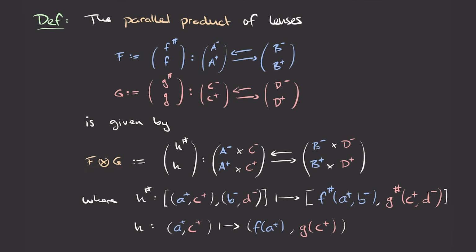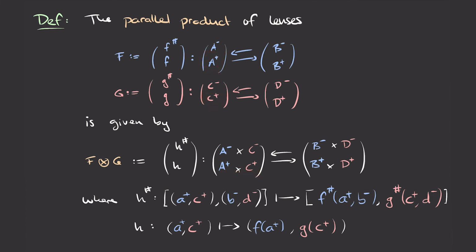So we put the domain of the first lens in parallel with the domain of the second lens by taking Cartesian products. You can see down here that the inputs of the domain are basically A minus times C minus, so that's the Cartesian product of this set here and this set here. And the bottom part of the domain is the Cartesian product of A plus and C plus.